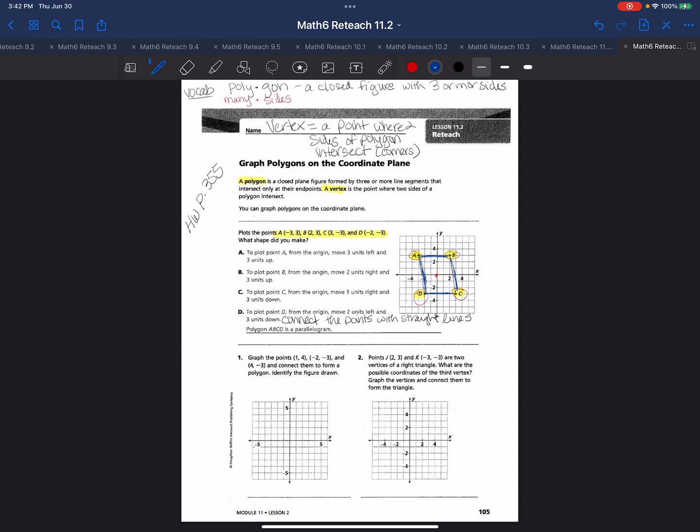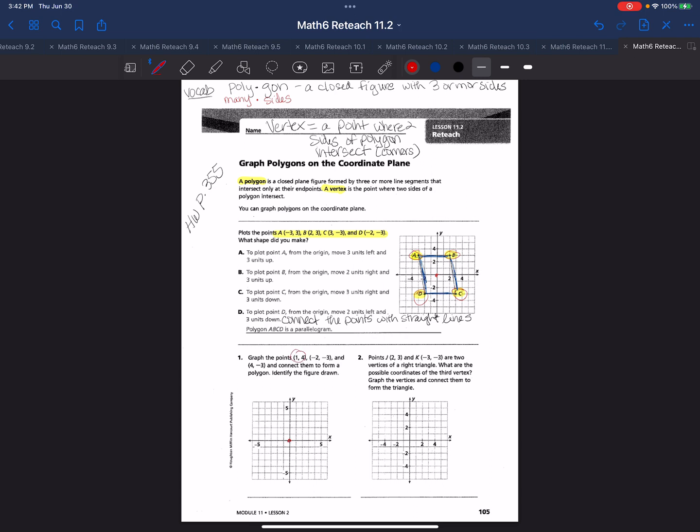Graph the given points 1, 4, -2, -3, and 4, -3, and connect them to form a polygon. Identify the figure drawn. So the first part is we need to go ahead and plot our points. If I start at the origin here, the first point I have is 1, 4.